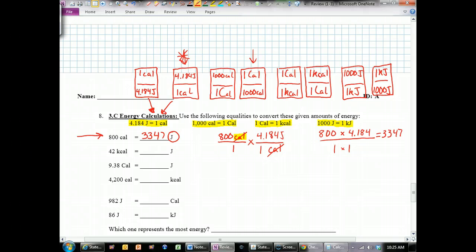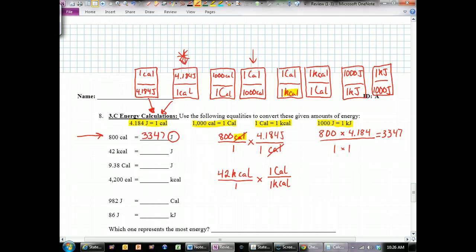The next problem starts out with 42 kilocalories on top. And so we're trying to find one of these cards that has kilocalories on bottom. The only one that does is right here. And so we're going to end up using that ratio of 1 big calorie is equal to 1 kilocalorie.